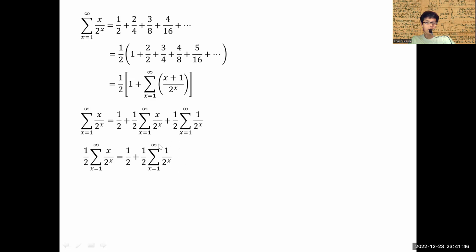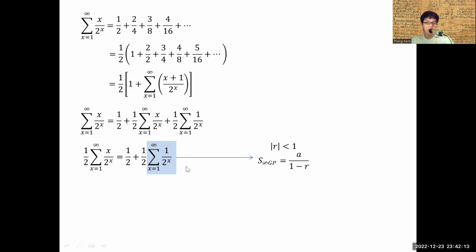If you look at this term, the sum from x equals 1 to infinity of 1 over 2 to the power of x, this reminds me of an infinite geometric series. By applying the formula for the infinite geometric series for a ratio that's less than 1, we have the first term over 1 minus the ratio.